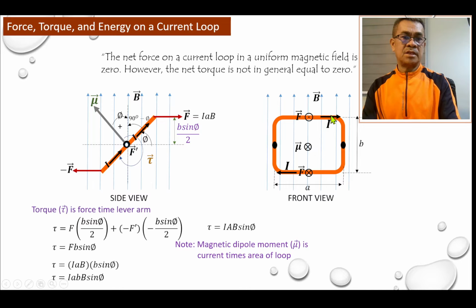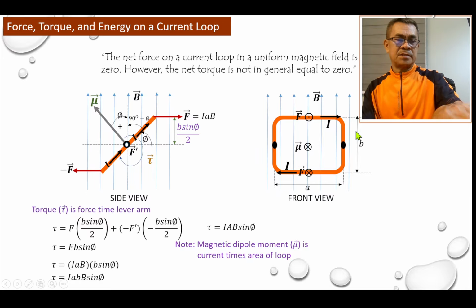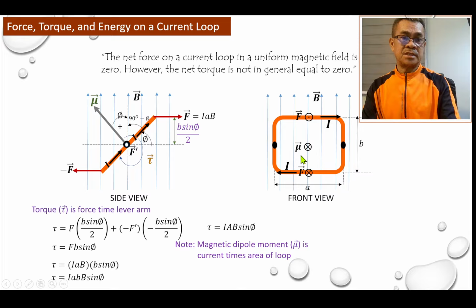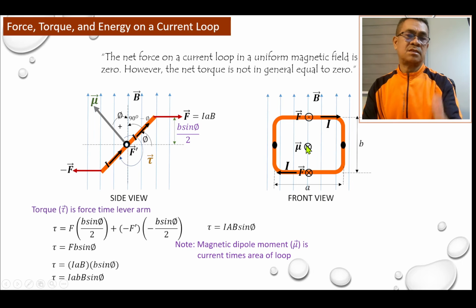Because the current will tend to move this one. So if you curl your fingers according to the direction of the current, then stretch your thumb, the thumb points towards this screen. So that's why this is inward. If the current reverses, then this dipole moment is directed outward.